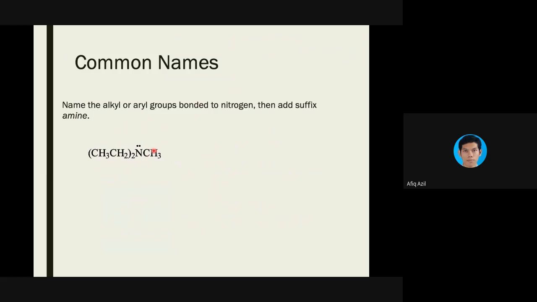So you have methyl and two ethyl, so it will be written as diethyl methyl amine. Diethyl because there are two ethyl groups, and methyl because you have CH3, then amine.